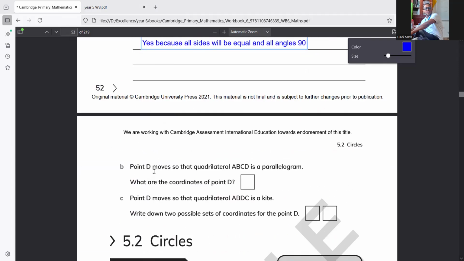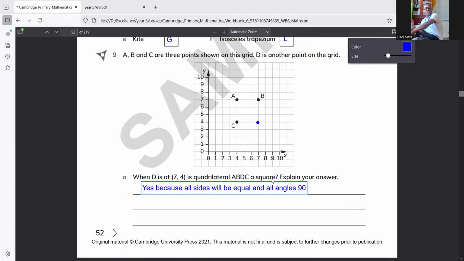They say point D moves so that the quadrilateral ABCD is a parallelogram. What are the coordinates of D? We need this point D to move, to make this shape a parallelogram. When I say parallelogram, just go with this one. We know a parallelogram always looks this way.